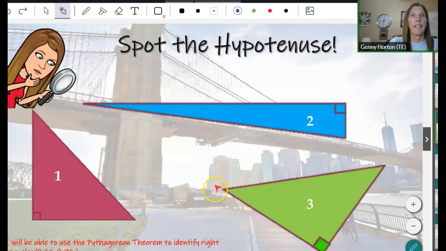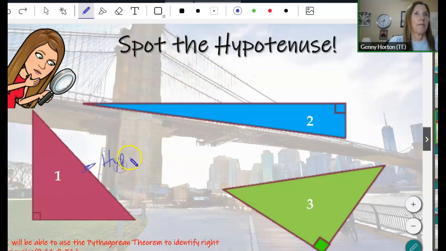So let's look at these right triangles and spot the hypotenuse. On this first one, look at our right angle, and we've got the hypotenuse. Let me get my pencil, and I'm going to put it in blue. Here's the hypotenuse right here.